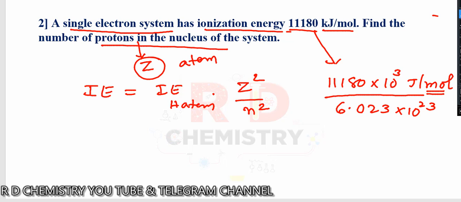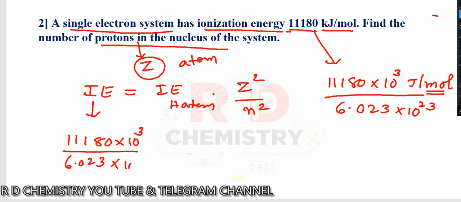I'll get this in joules per atom. So the ionization energy given is 11180 into 10 power 3 divided by 6.023 into 10 power 23, since this is per mole but I want per atom, a single atom.